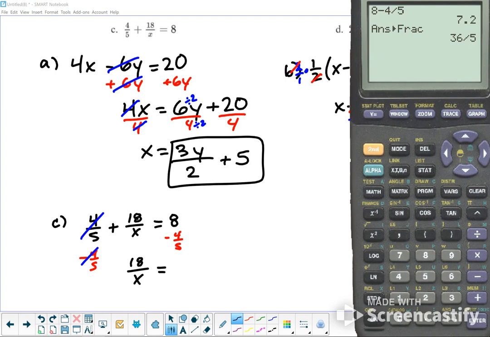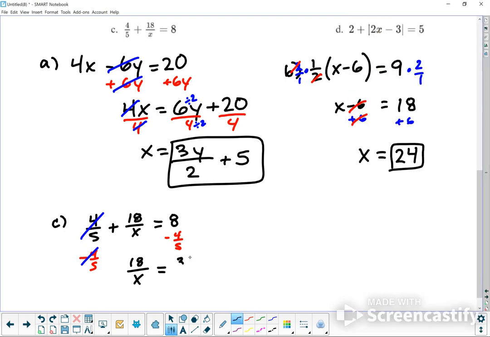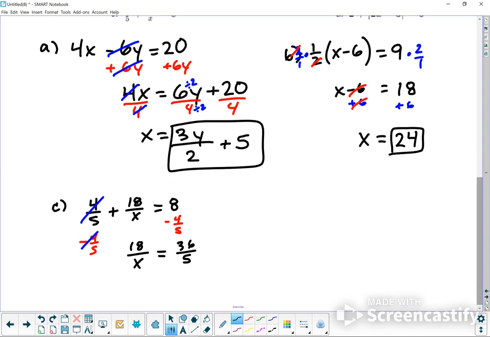So I'm going to leave this as 36 over 5. Okay, almost done. Because x is on the bottom, I can actually flip both sides of the fraction. So I can have x on top and 18 on the bottom. And because I do that, I have to flip the other side as well. So I will have 5 on top and 36 on the bottom.